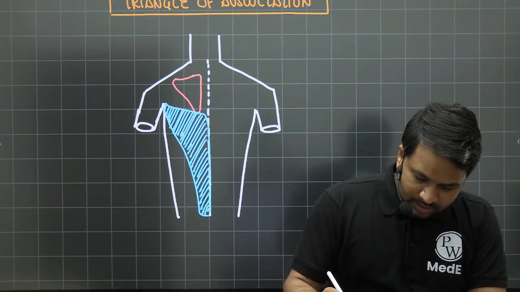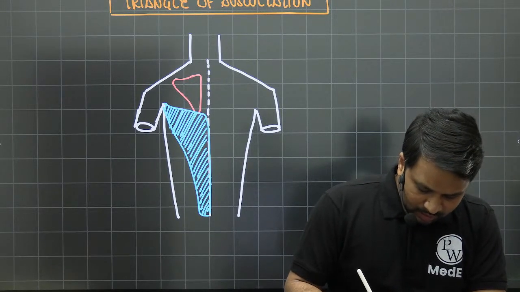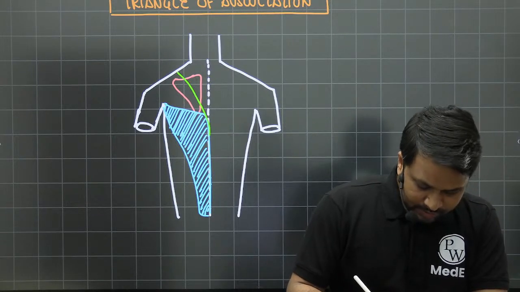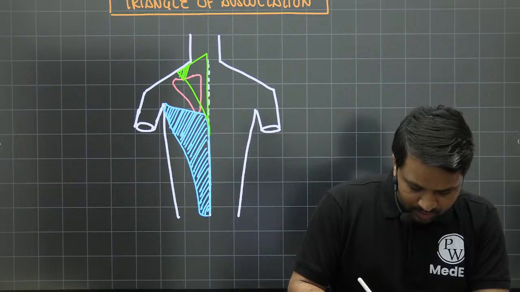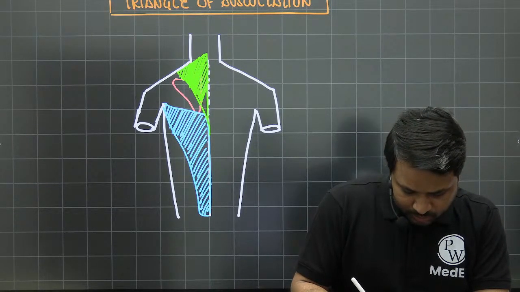There's another muscle which originates from the same segment, but slightly onto this side. This is what we call the trapezius muscle. You can see there is a small area between the trapezius.